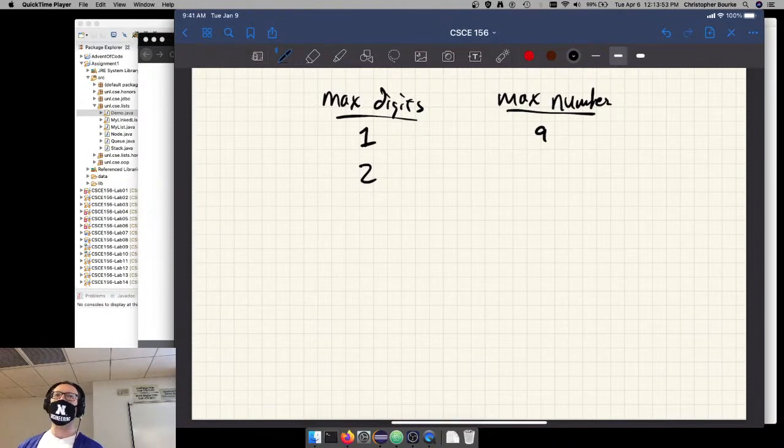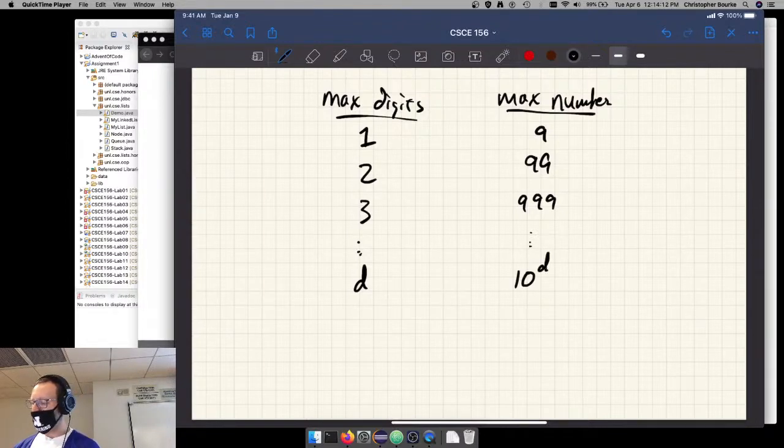What's the maximum number that you can write down now? 99. 999. If I gave you d digits, what's the maximum value that you could express? What's the pattern here? 10 to the d minus 1.